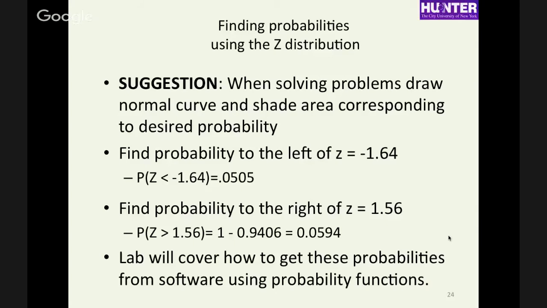Drawing this out lets you know what the probability is that you're calculating and will help you know that your answer is at least in the right ballpark. So, by doing this, if you get a p-value of 0.99 when you're expecting a 0.01, you might figure out that there's something up. It's just a good way to be sure that you understand what you're doing.